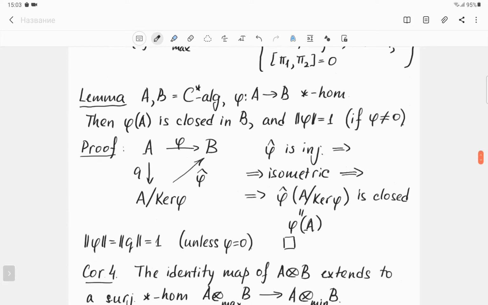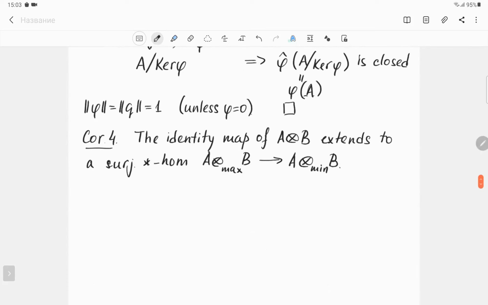So we get this star homomorphism from the maximal tensor product to the minimal tensor product. Clearly, its image is dense because it contains the algebraic tensor product, which is dense in the minimal tensor product. But on the other hand, we already know that the image is always closed, and so this map is surjective.